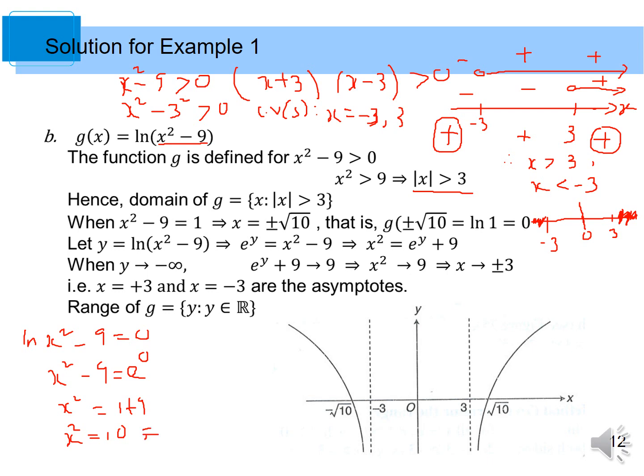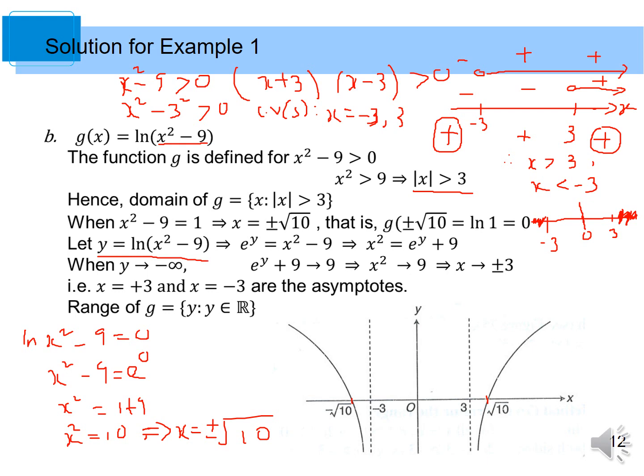Okay, so I continue here. So x will equal to plus minus radical 10. So here is our x-intercept. You can see the working is actually exactly the same as the first example. From the function notation, we convert into the explicit form.